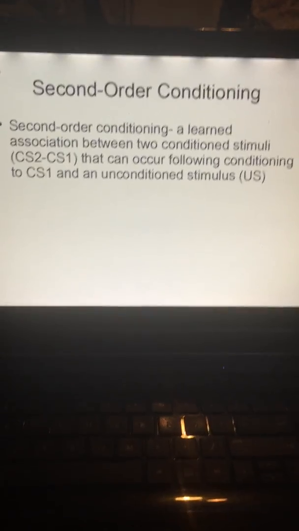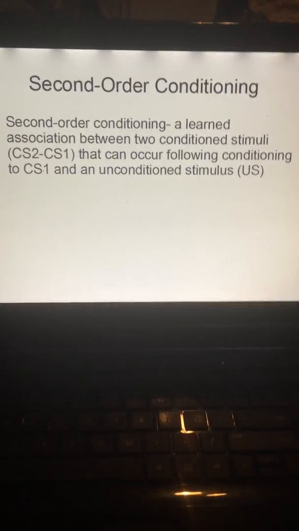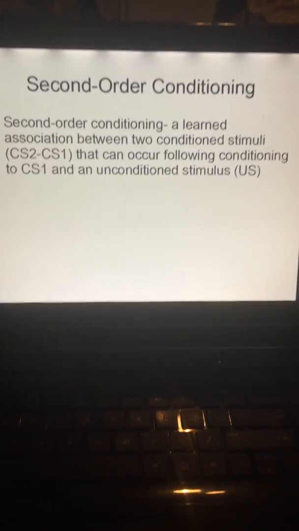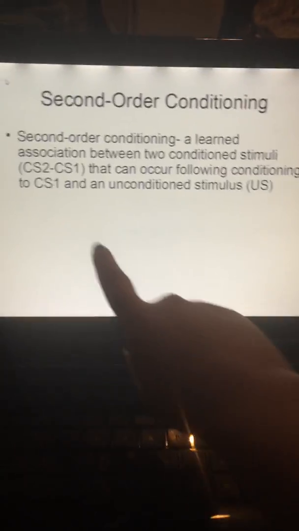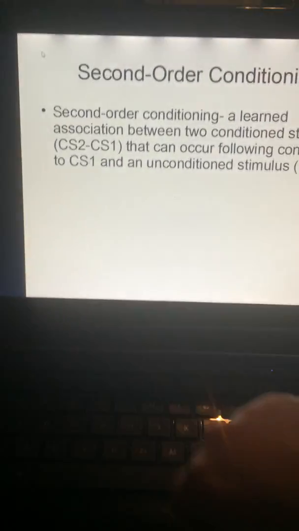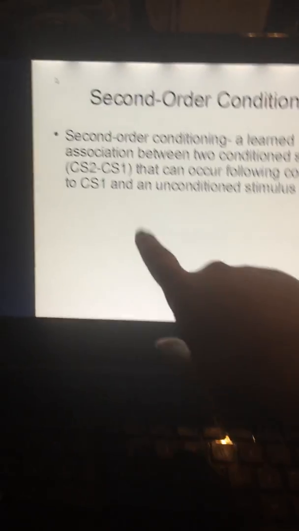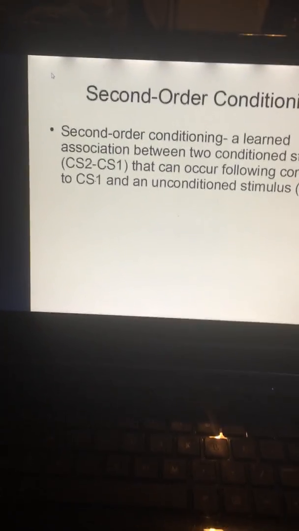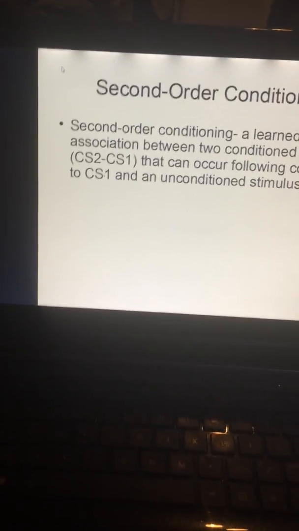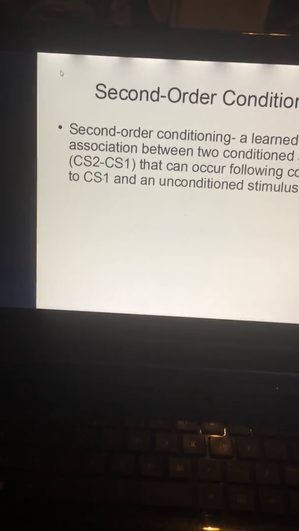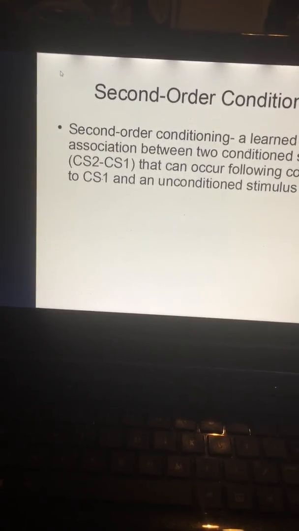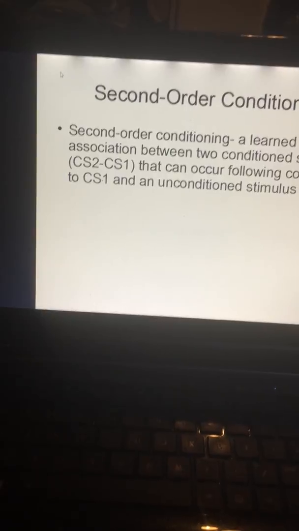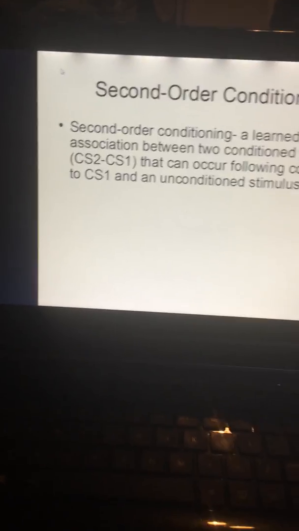What if a tone signals the bell? Well, the rat might freak out. The bell would be the CS1. The rat would learn to associate the bell with the shock first. Then you learn to associate the tone with the bell, so the tone would be your CS2.